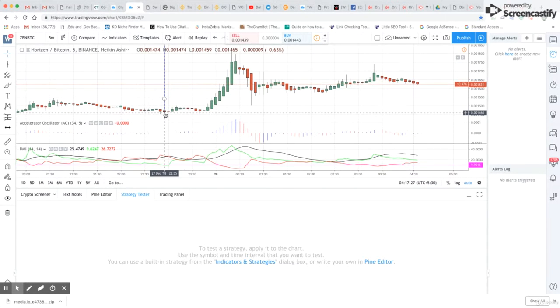That is 1510 is your target price, where you want to close your trade whenever this price is hit.